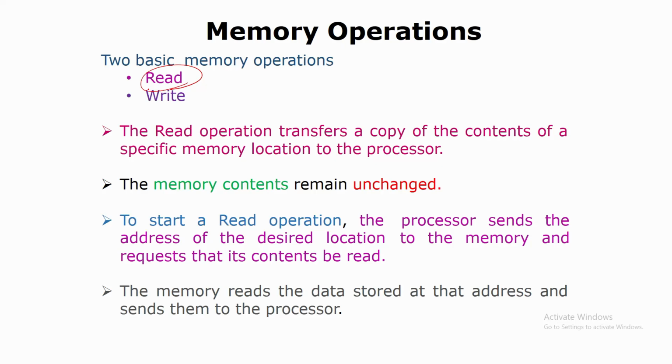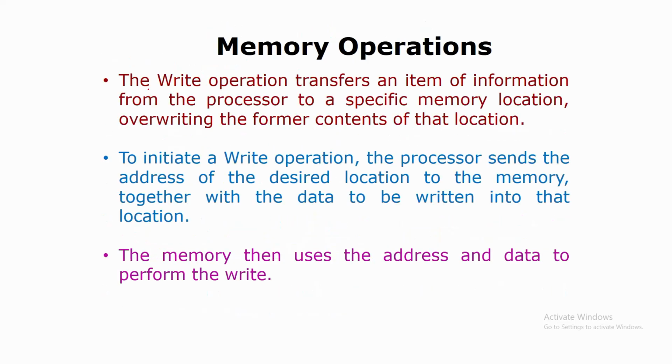Now the write operation. Here the processor sends both the memory address and the data that needs to be stored. The memory writes the new data into the specified location, replacing any previous content stored there.